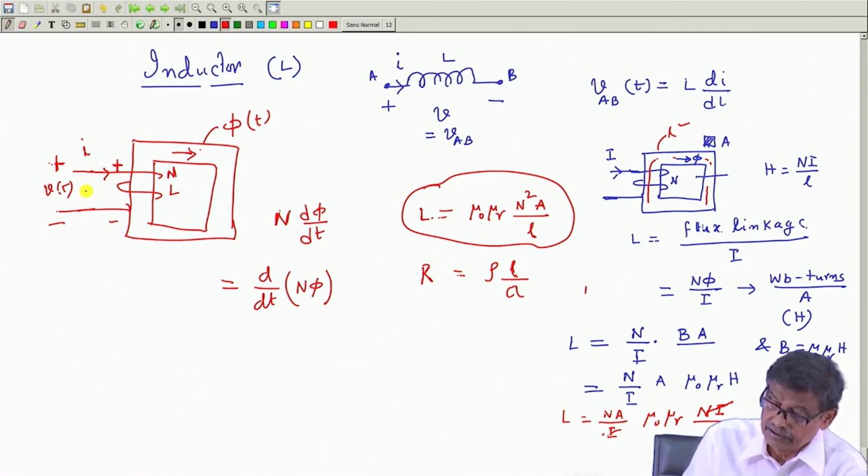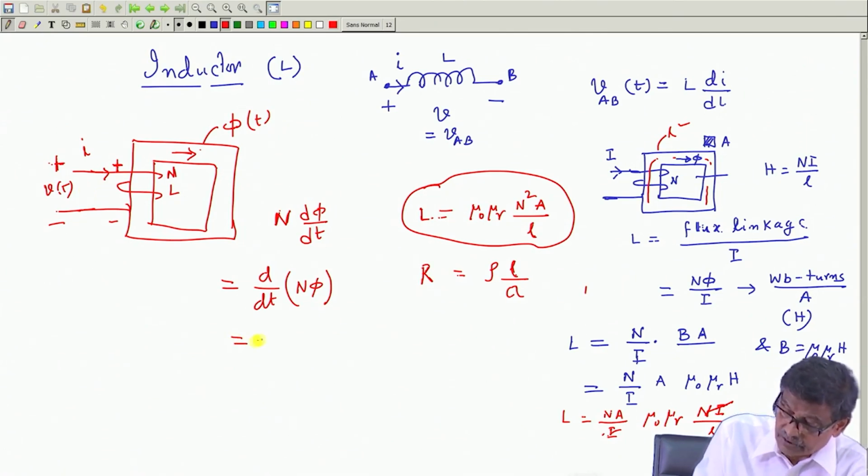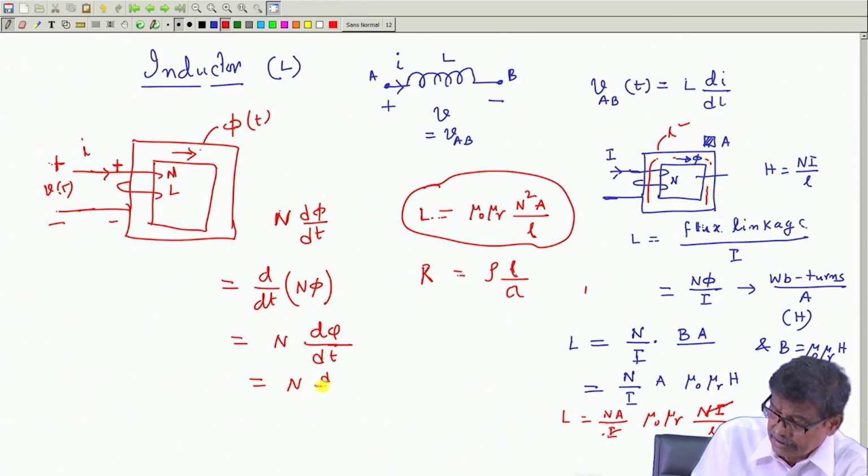Therefore, N d phi dt, of which N is constant, N d phi dt is this voltage, then you write N d dt of phi, which is B into A, it will become a time varying thing like this.